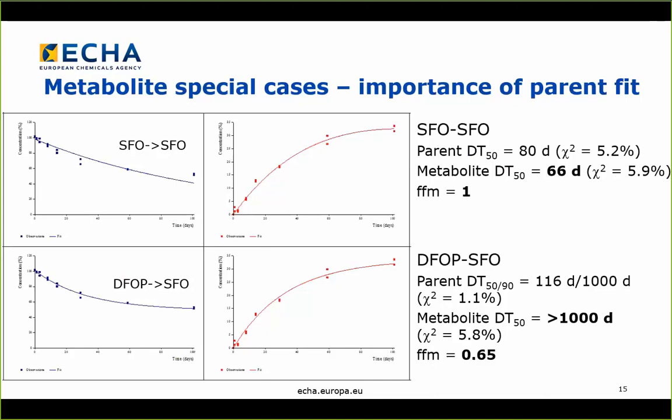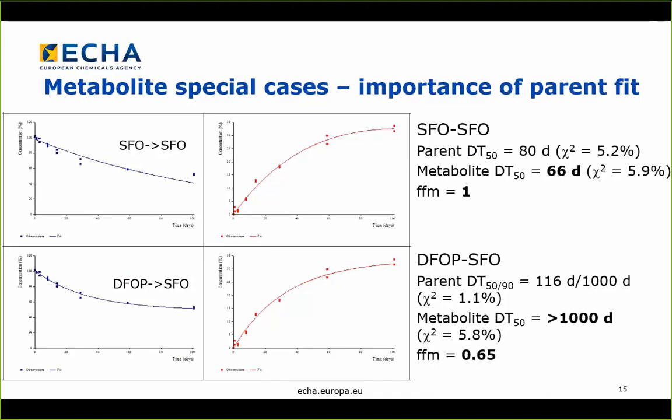But if you chose to reject the SFO parent fit, if you thought that wasn't quite good enough, despite the chi-squared of only 5.2, if you said, no, I don't like that fit, I'm going to fit the default model to it, you obviously get a much better fit to the parent decline. The metabolite fit actually looks very similar. I think you would agree.